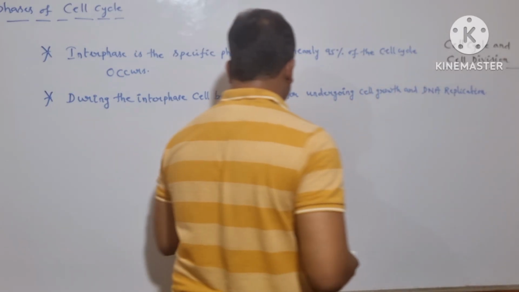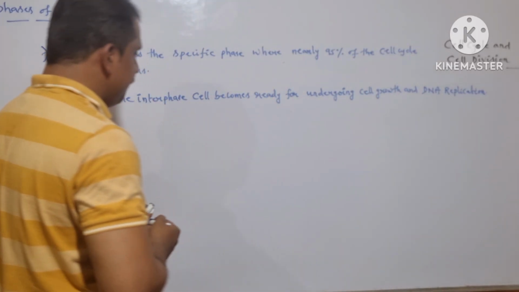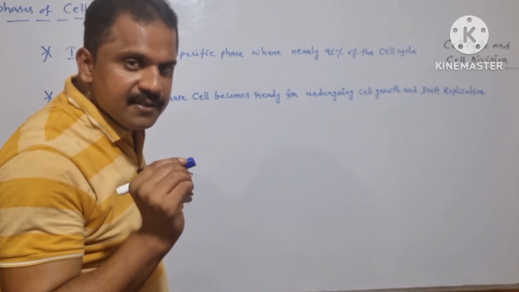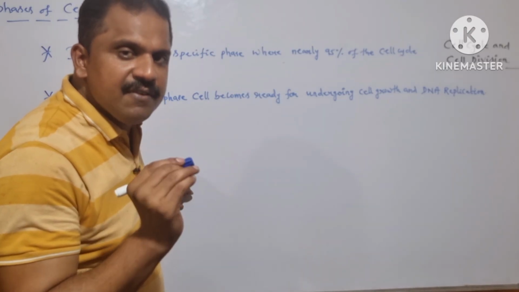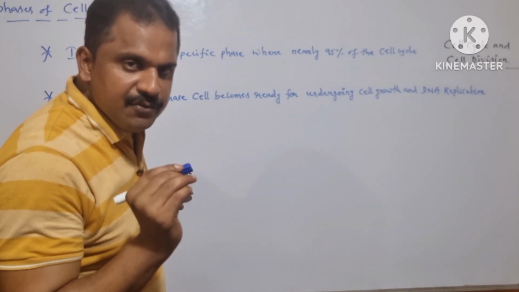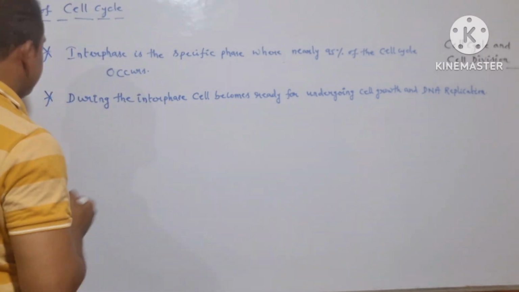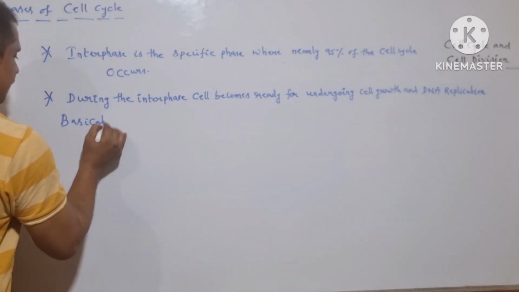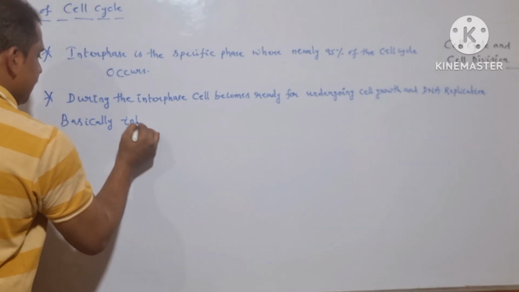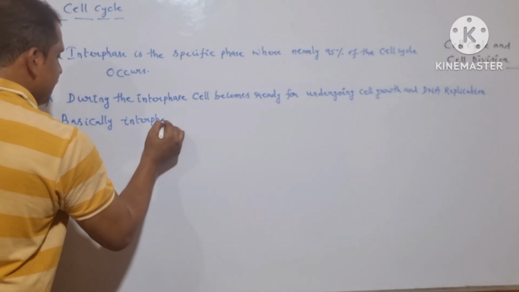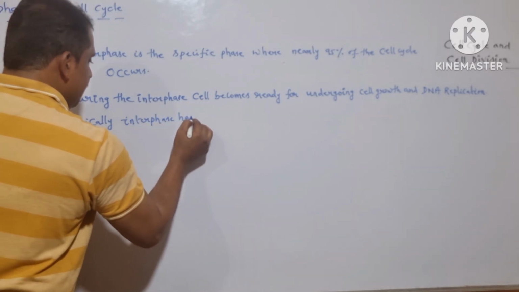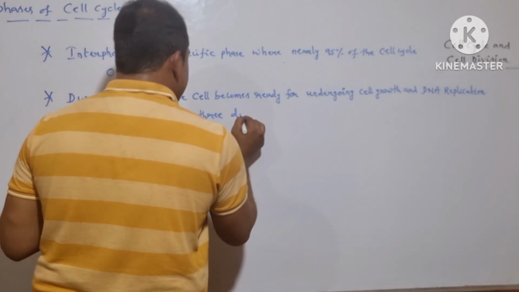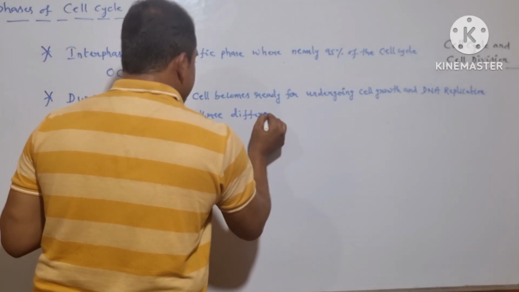Right? So here, the interphase has three different subphases, and these may include G1 phase, S phase and G2 phase. So let me write it here. Basically, interphase has three different subphases.